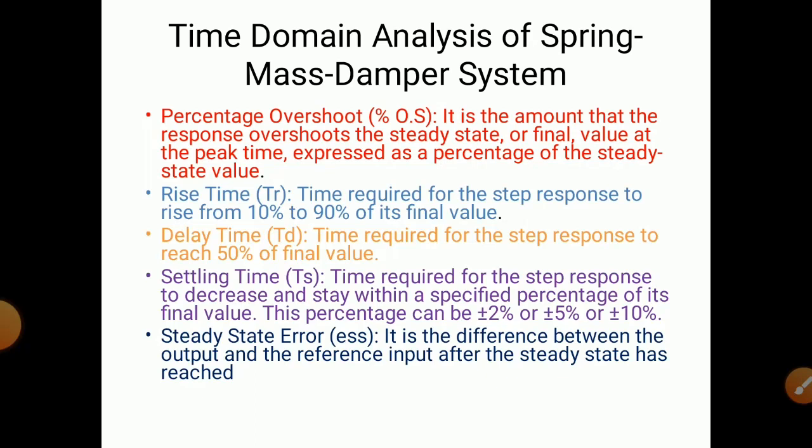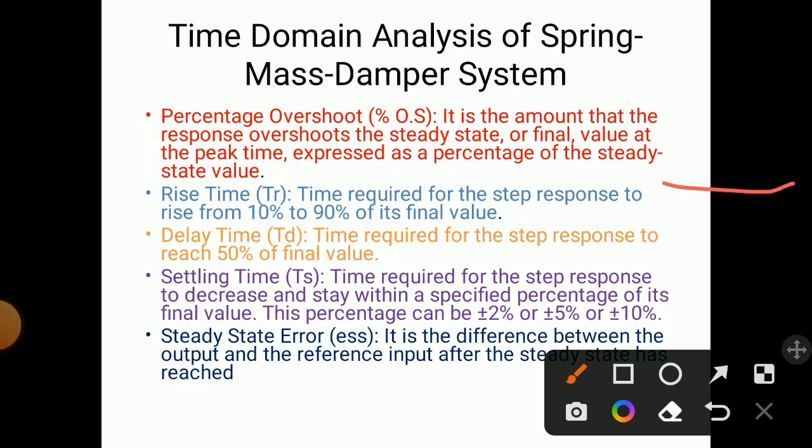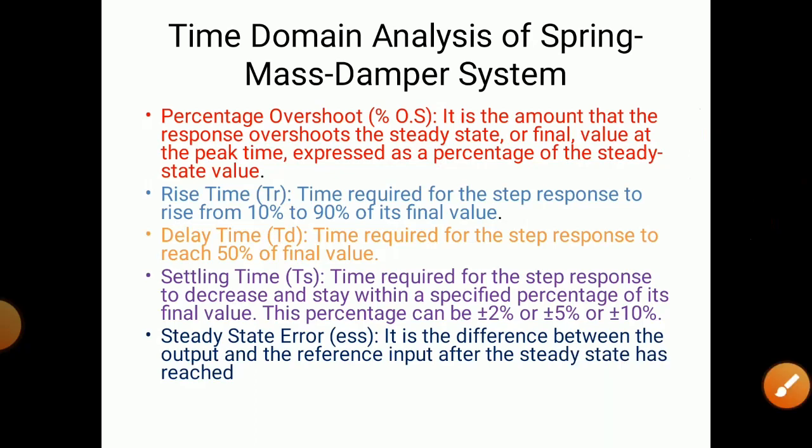So when the output produces the maximum overshoot, or the maximum peak is observed above the steady state value, that is called percentage overshoot.